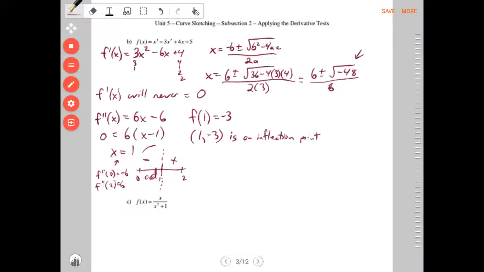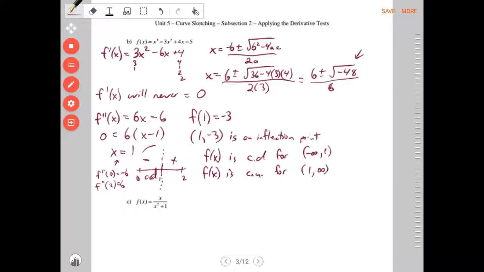Hey, that is positive. So f of x is concave down for negative infinity all the way up to 1, and f of x is concave up for 1 to positive infinity.